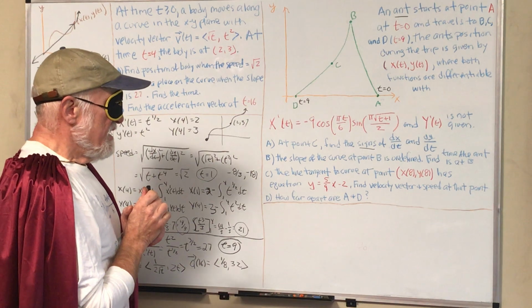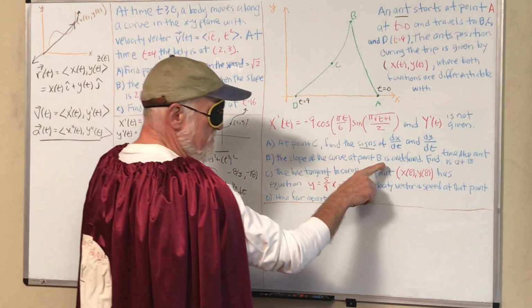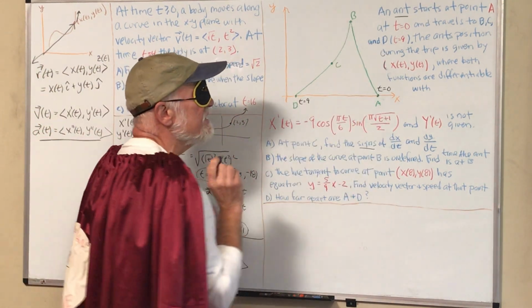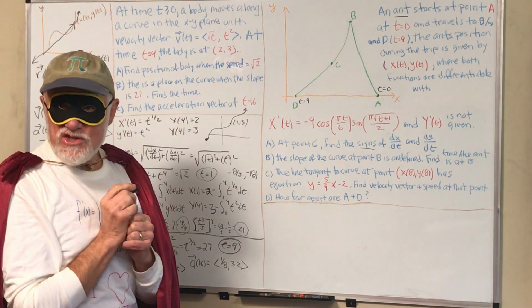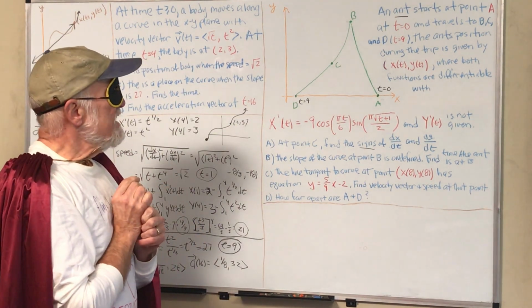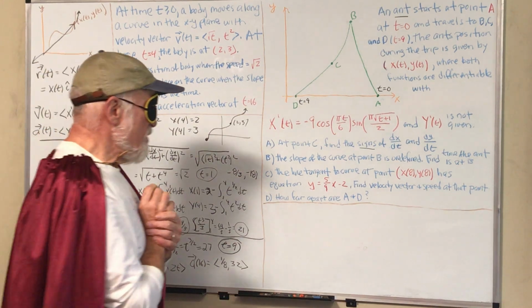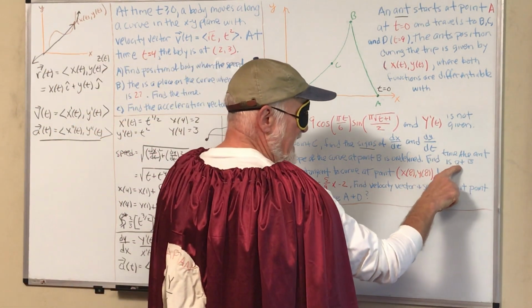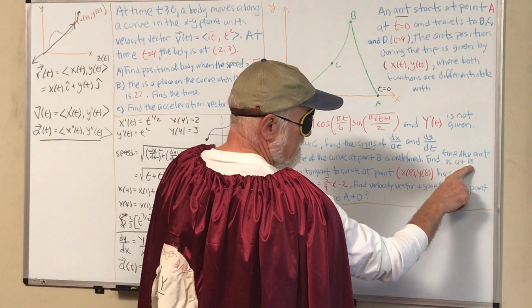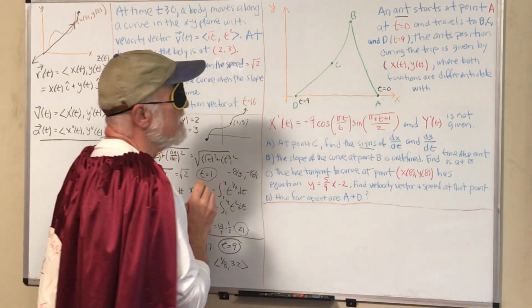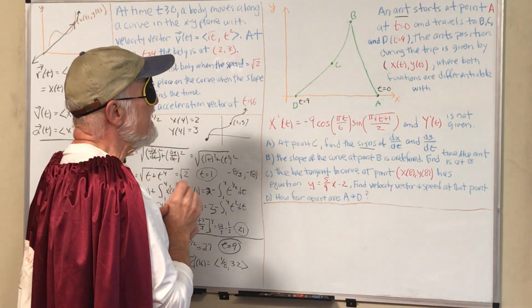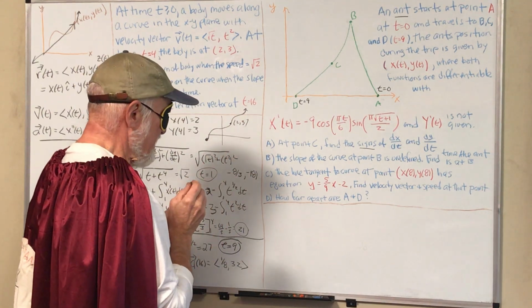At B, the slope of the curve at point B is undefined. It kind of looks that way. It looks like if you touched it, it would really hurt your hand. So, what do we want to do? We want to find the time the ant is at point B. Well, what is going to make an undefined slope?